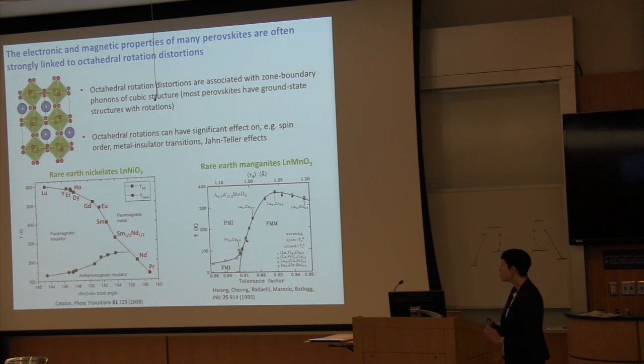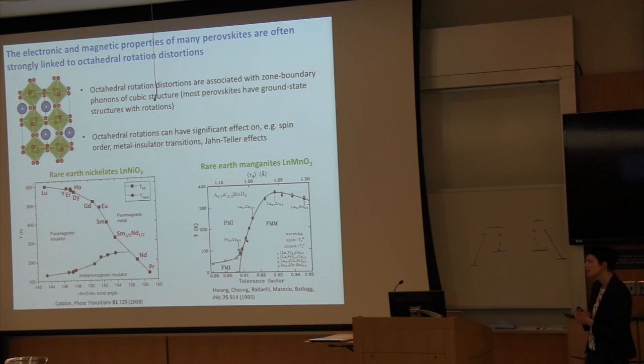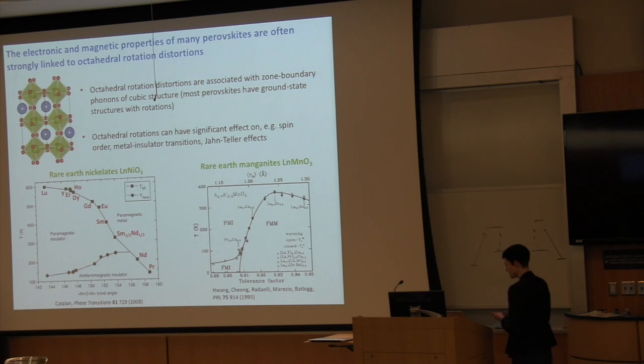And there are now a number of examples showing how those, what I call static techniques, can be used to tailor or manipulate the electronic and magnetic properties of perovskites.